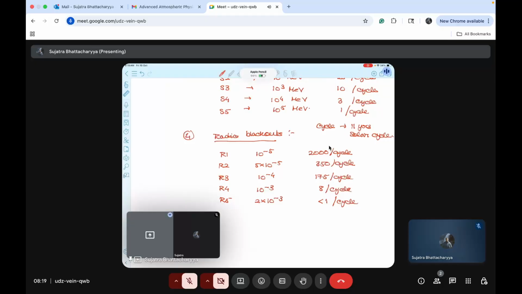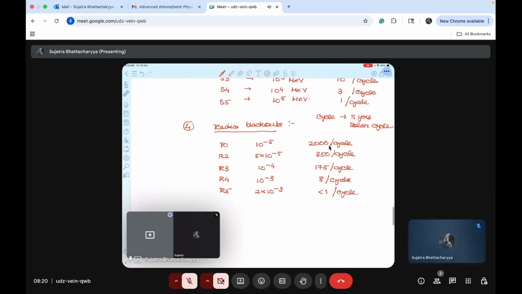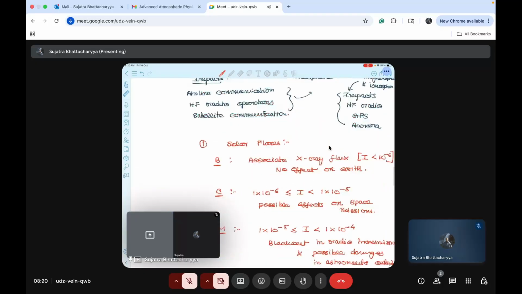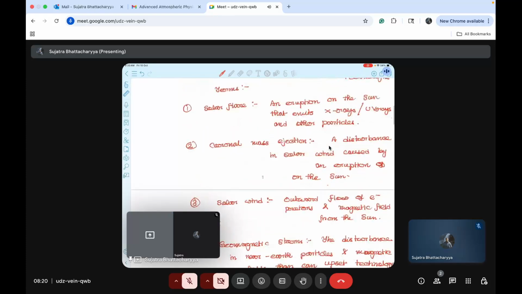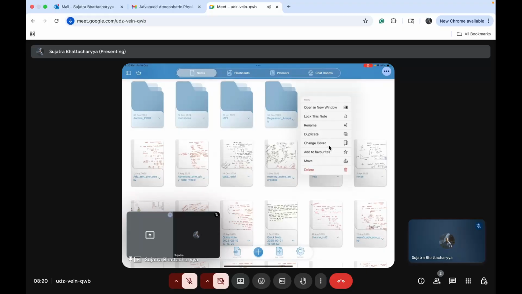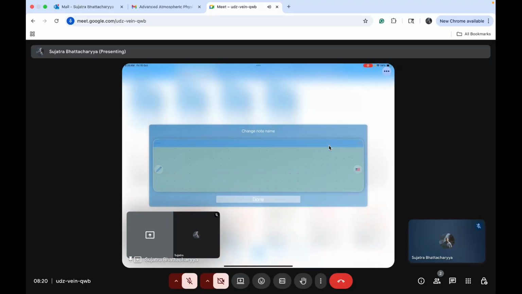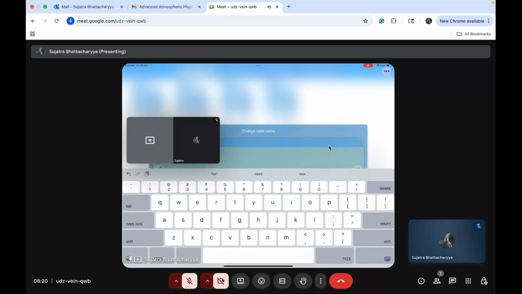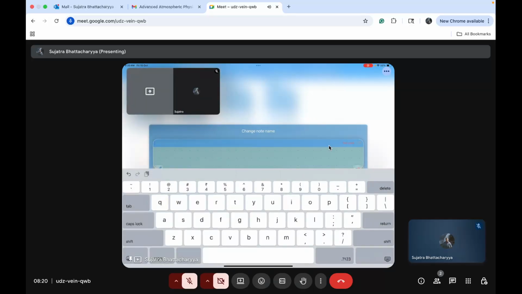Okay, so these are the couple of points about the space weather. So I have given a full introduction of this. There are many things which I have not discussed here. You can just cover it from the lecture notes. So yeah, this ends the entire week 12. And in the next session, we will be doing your numerical questions.